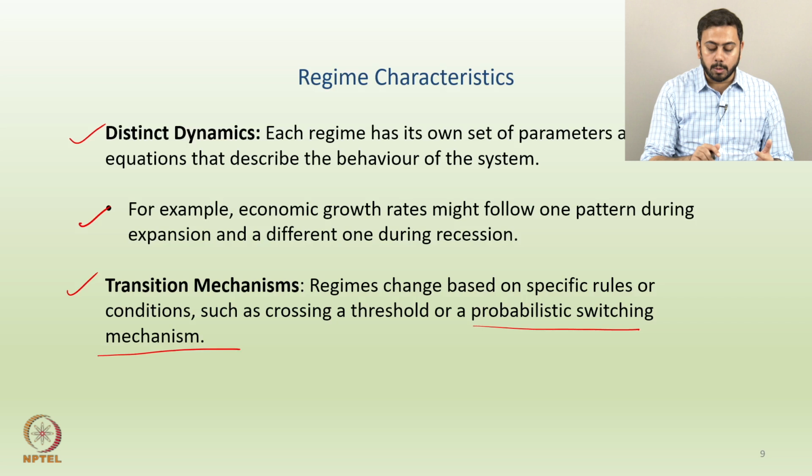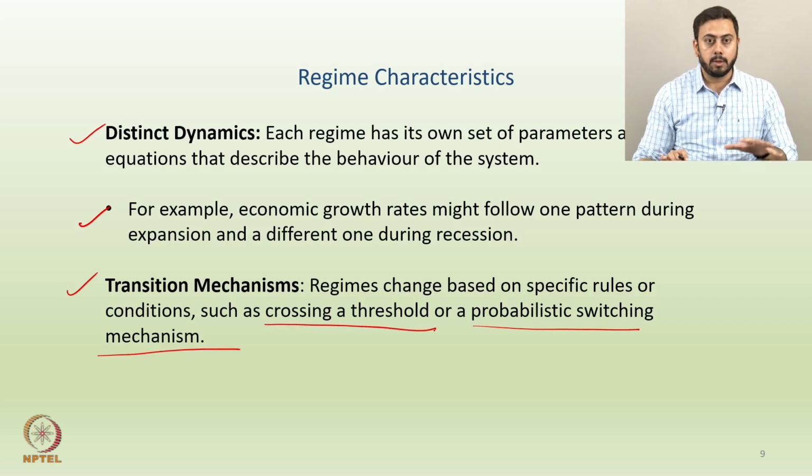But crossing a threshold should be understood by now, as we spent quite some time on how regime switches happen. The time series switches from one regime to another based on threshold values, or based on a probabilistic switching mechanism.